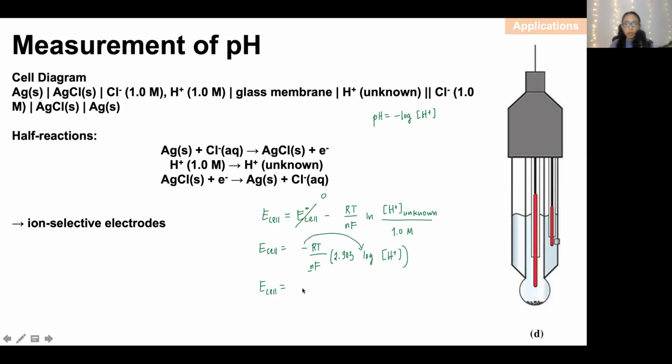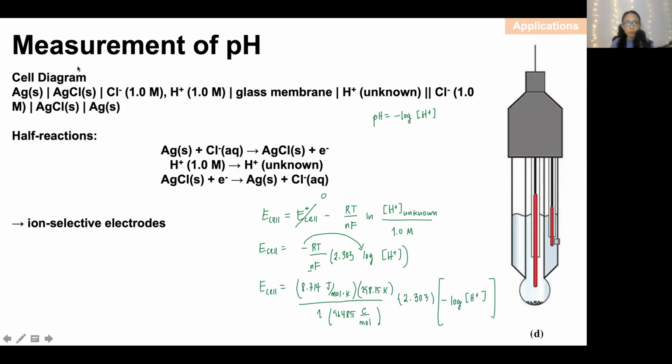So we have 8.314 joules per mole per Kelvin times 298.15 Kelvin over 1 times 96,485 coulombs per mole times 2.303 times negative logarithm of hydrogen ions.